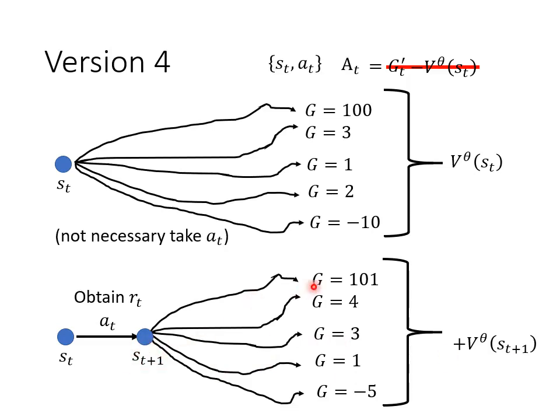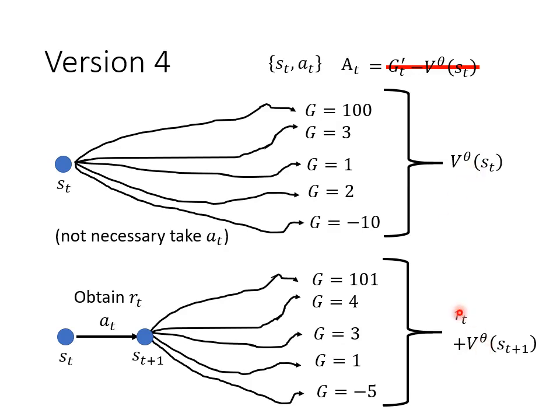If you play the game from this stage, adding RT to that number, you obtain the expected reward. Given that you take action AT at stage ST, we already know that the reward is RT for the action AT. Given that we took this action, the expected reward after this is simply v theta of ST+1. So, RT plus v theta of ST+1 equals the expected reward of taking AT at ST.